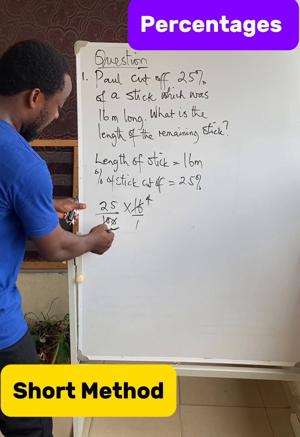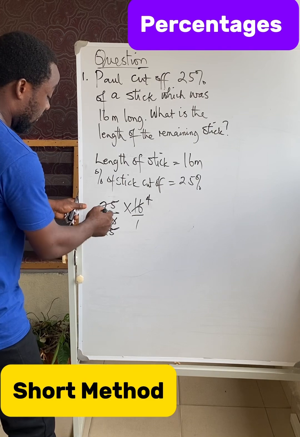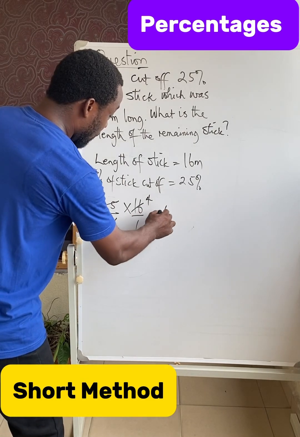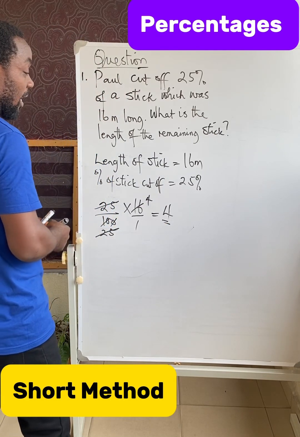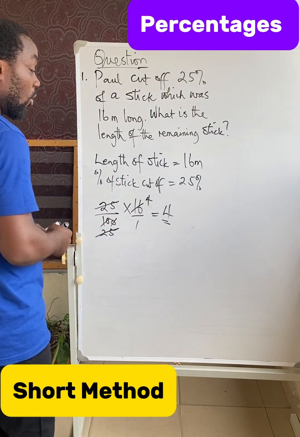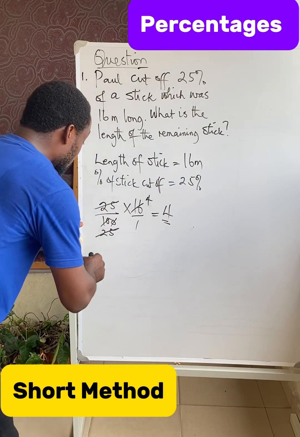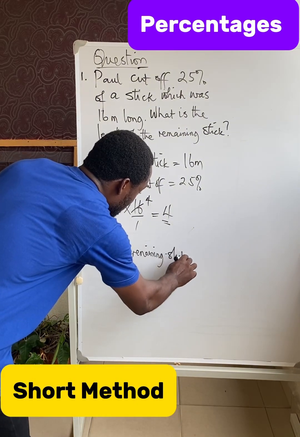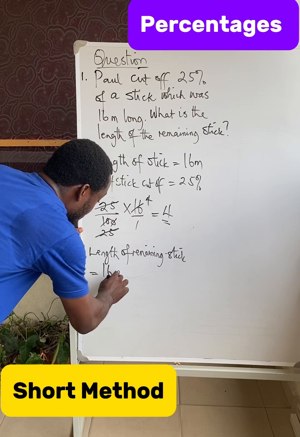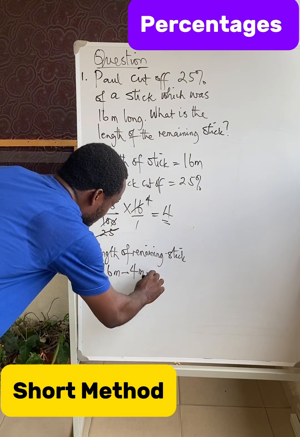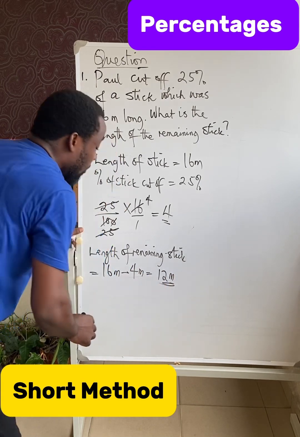All right, so 25 divided by 25, and so we have 4. So when they get the answer as 4, they now subtract it from the original length of the stick. So the length of the remaining stick becomes 16 meters minus 4 meters, which is 12 meters.